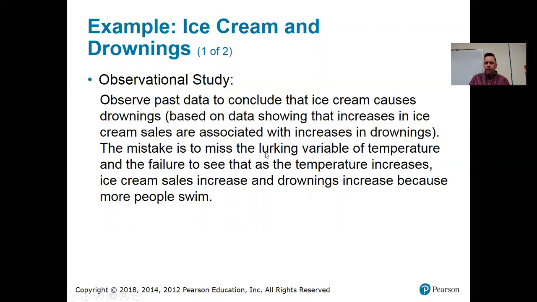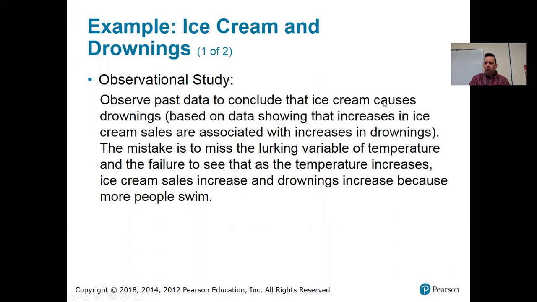That sounds kind of weird. So the mistake is, this is a classic example of correlation does not imply causation. They are not trying to, or at least I hope they're not trying to say, well, they are saying that though, aren't they? Observe past data to conclude that ice cream causes drownings.